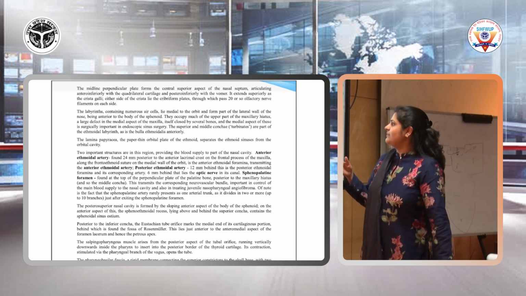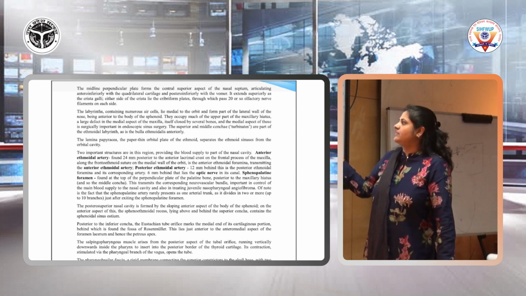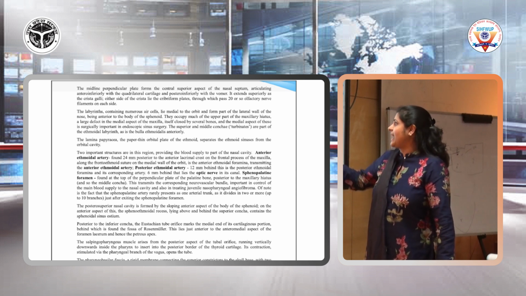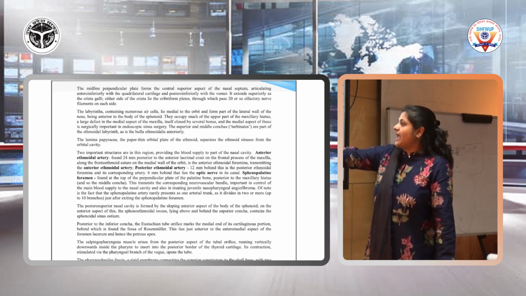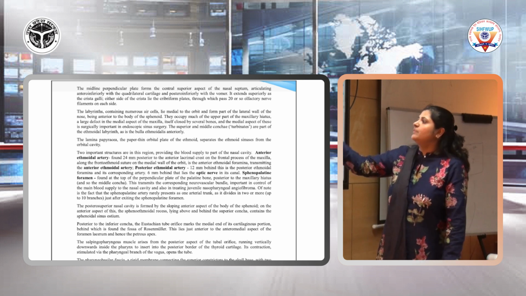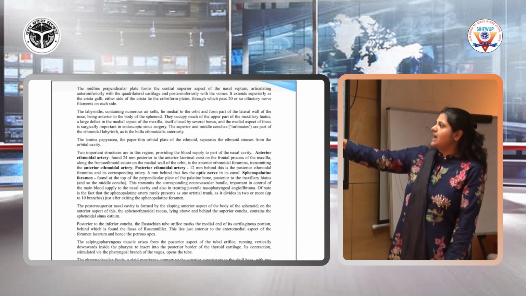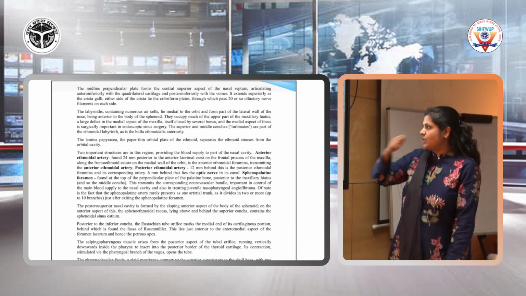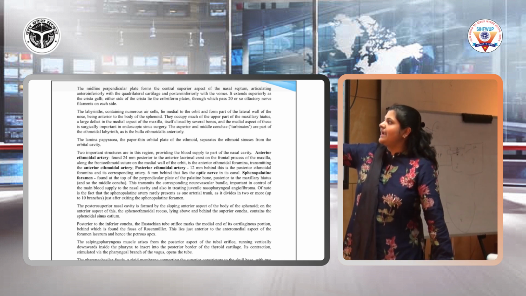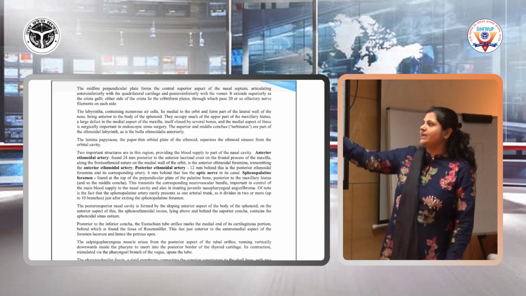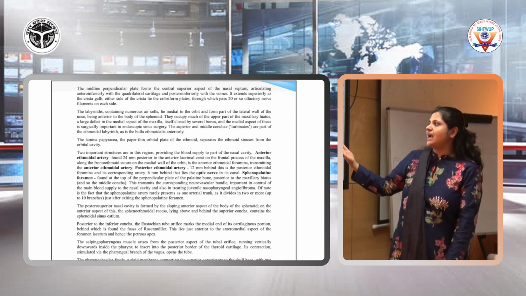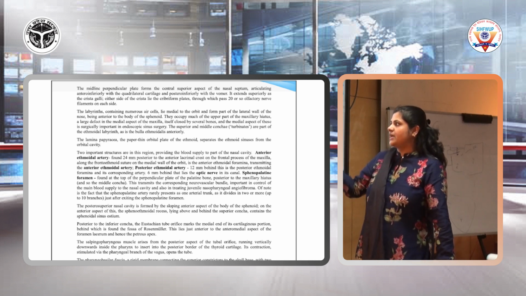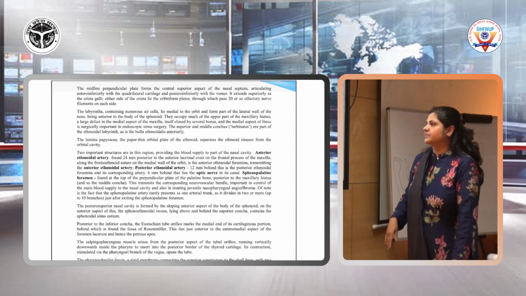It is 12 mm behind the anterior ethmoidal. This is the posterior ethmoidal foramen. And 6 mm behind the posterior ethmoidal artery lies the optic nerve. So 24 mm posterior to the anterior lacrimal crest is the anterior ethmoidal artery, 12 mm posterior to it is the posterior ethmoidal artery, and 6 mm posterior to it is the optic nerve.